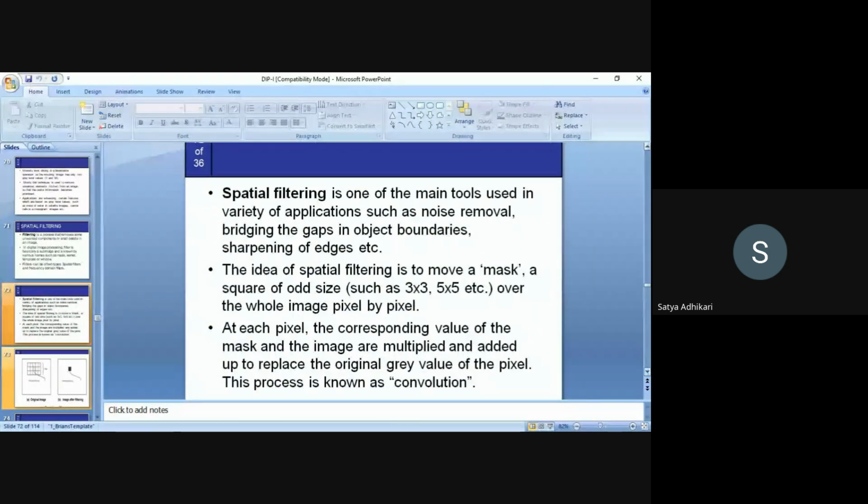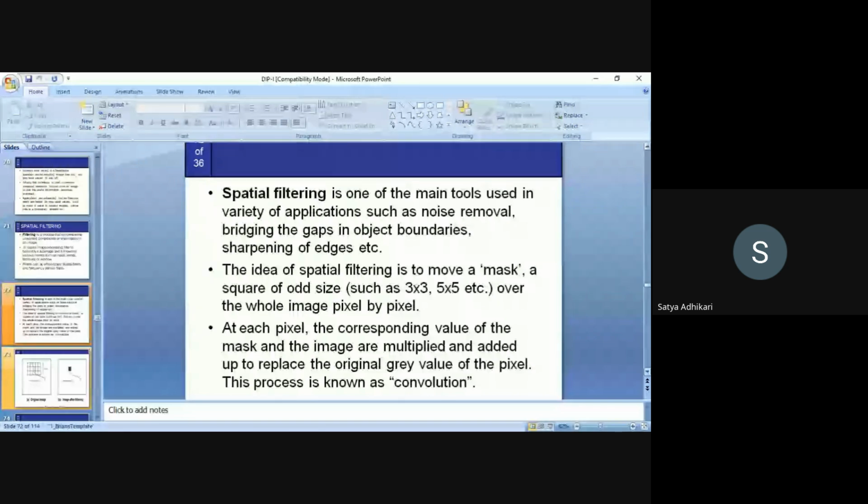Sometimes some edges are misleading or there is some boundary problem, that is, some boundary or the border of the image is not viewed properly, so filtering is also used for sharpening that.